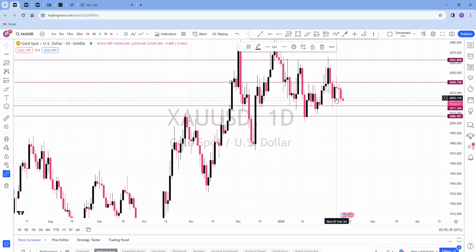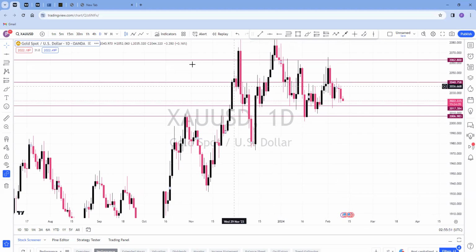All right, it closed below all of them, meaning the market has potential to drop to 2017 again and even hit 2010. All right, so you need patience. Wait.